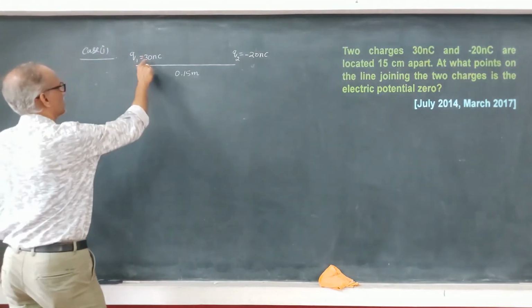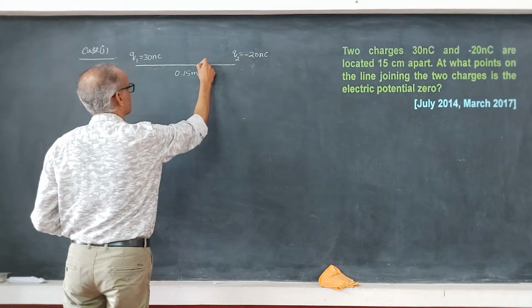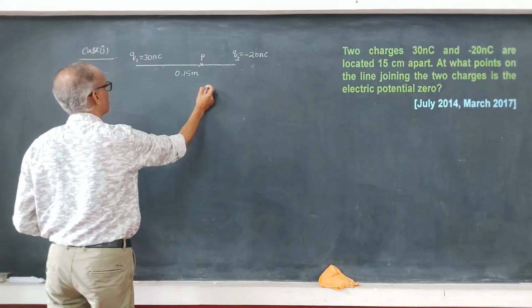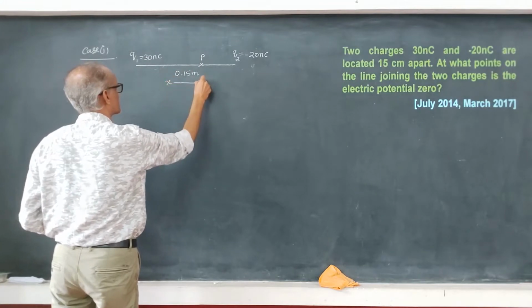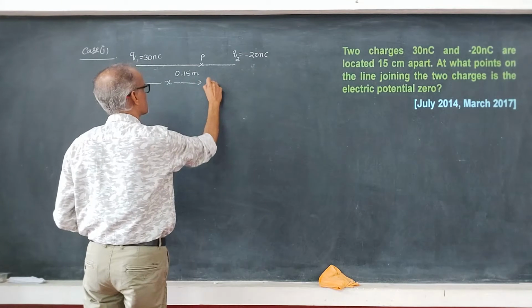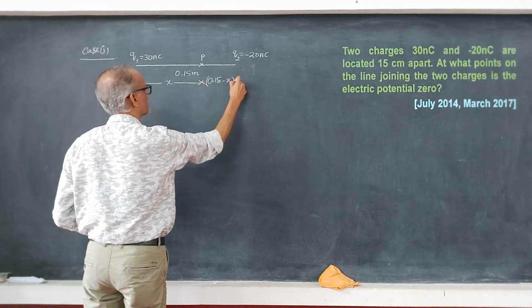So first, out of 30 and minus 20, minus 20 is the weaker. Therefore the point will lie somewhere here, and I'm going to consider that point to be P, at a distance x from 30 nanocoulomb, and the remaining distance is 0.15 minus x.